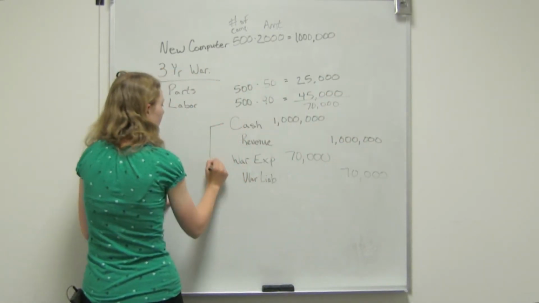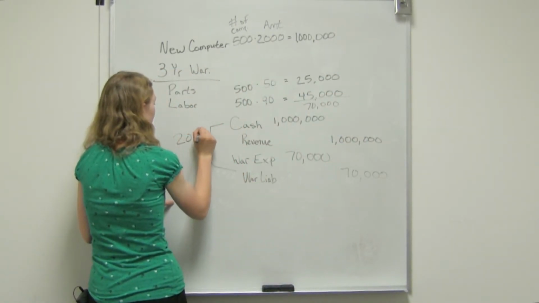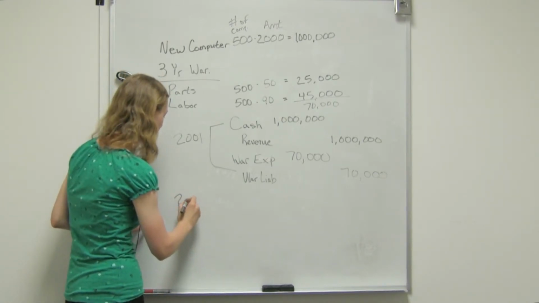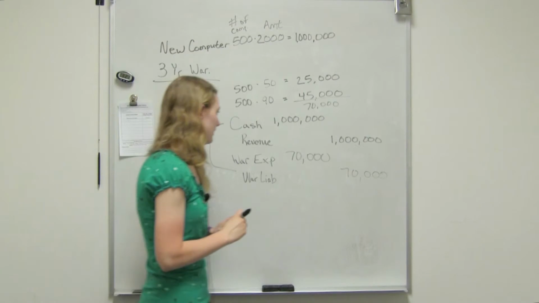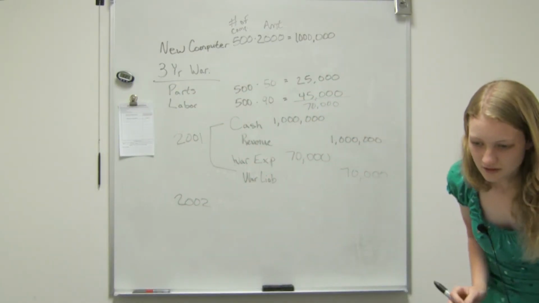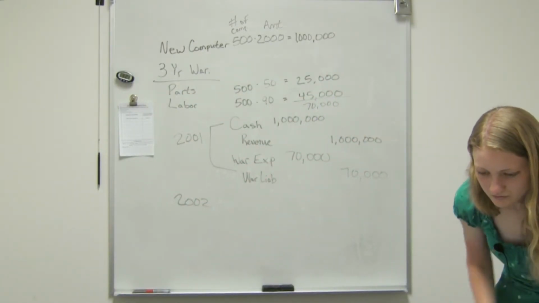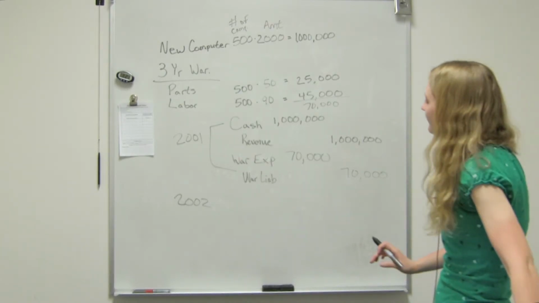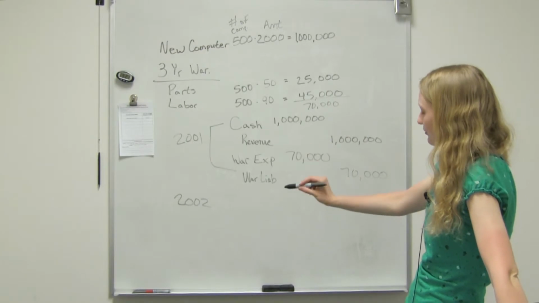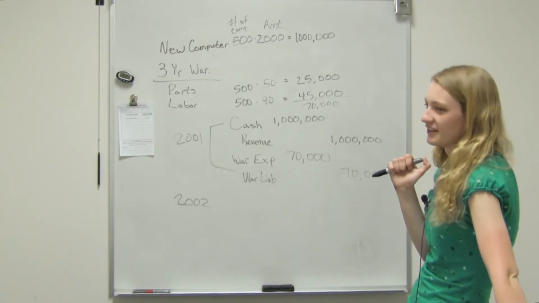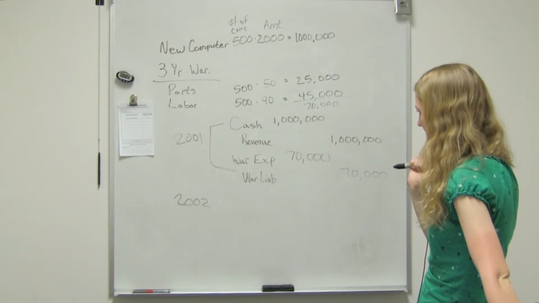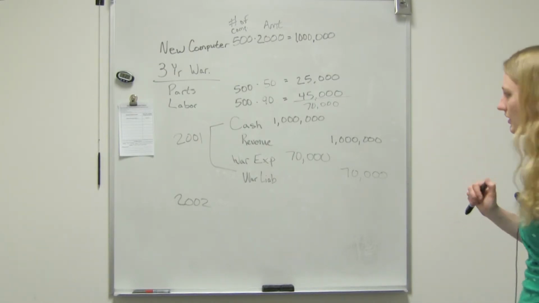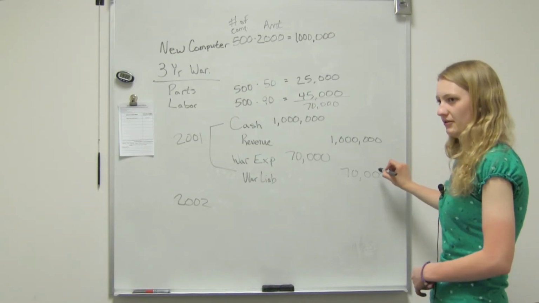So both of these are actually in 2001, and then the second one is going to be in 2002. So the 17,500 and 6,000 are included in 2001? They're what's recorded against this liability account.